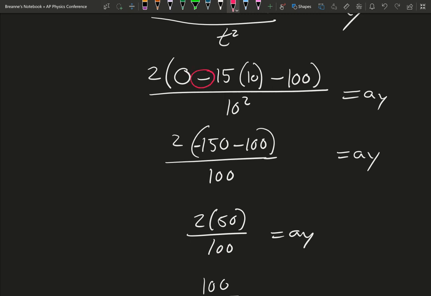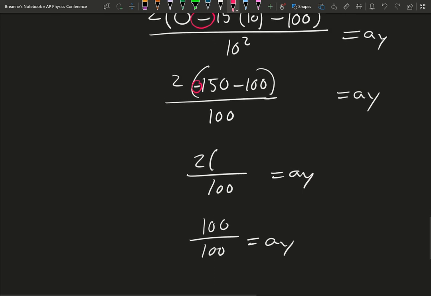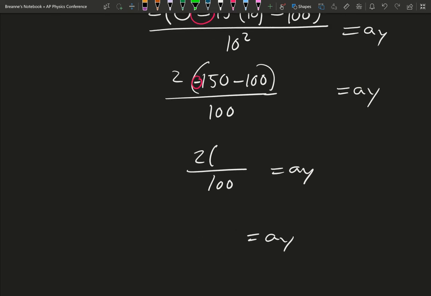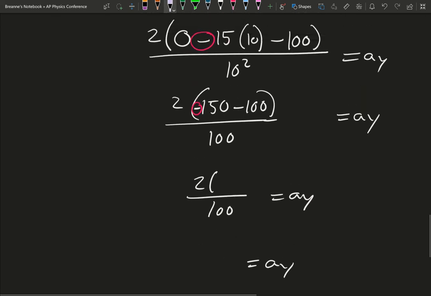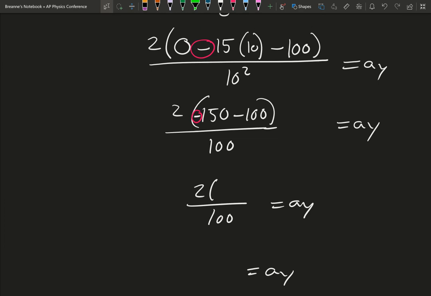I messed up right there. So this is not 50. I was like, that should not be the answer. So you've got to be careful. Cannot drop your negatives. It's really easy to do, as you can see. I'm actually kind of glad I did that, so you can see, remember, don't do that. I totally planned it. I didn't mess up at all. Meant to do that the whole entire time.